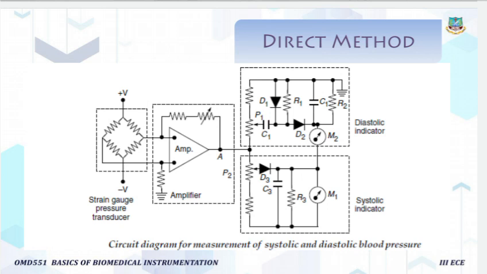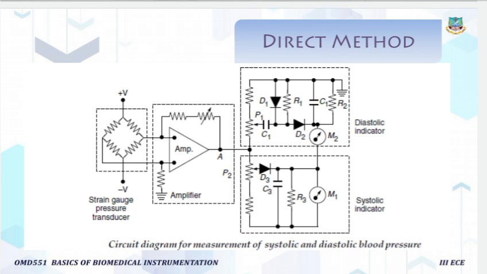Next, initially the clamping circuit is available. C1 and D1 are used to develop the voltage which is equal to the peak to peak value of the pressure pulse.